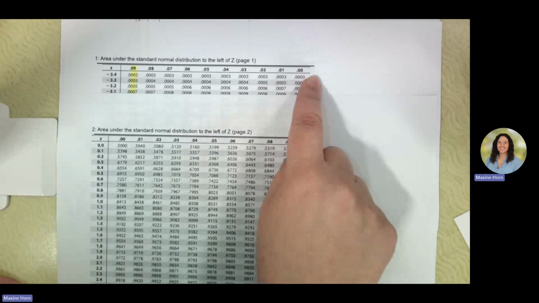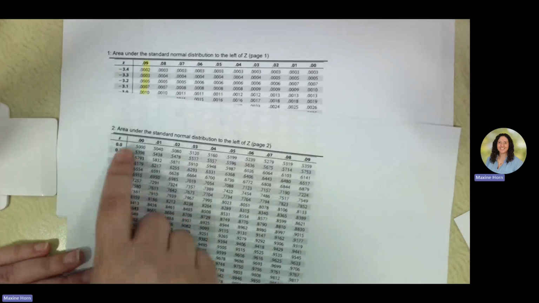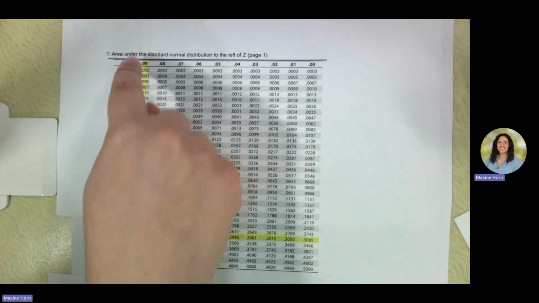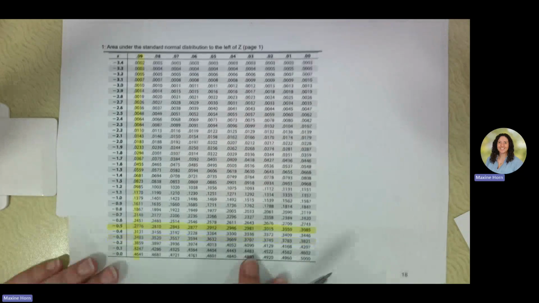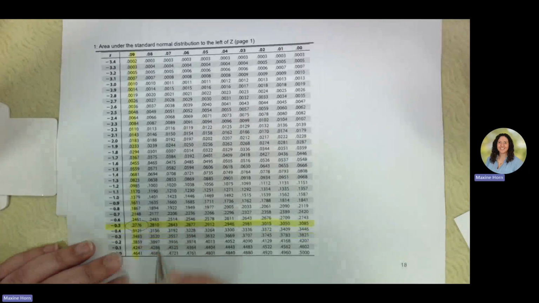So be sure that you're going nice and slow and actually looking at the number that you're looking for, and not just saying, oh, it's 9, so I got to go to the end. Well, no, when it's negative and it's 0.09, it's on this side, not on this side. So just take your time, go slow, make sure you're looking at what you're supposed to be looking at.